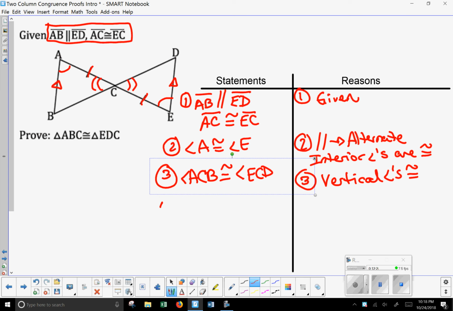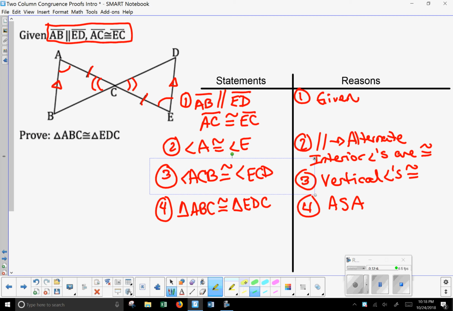Well, now that I'm looking at my markings, I can clearly see the triangles are congruent. So I know triangle ABC is congruent to triangle EDC, and my reason is going to be angle, side, angle.